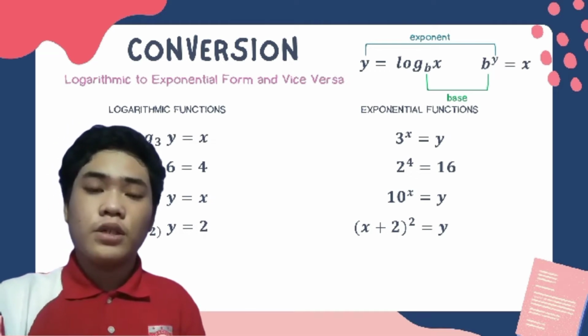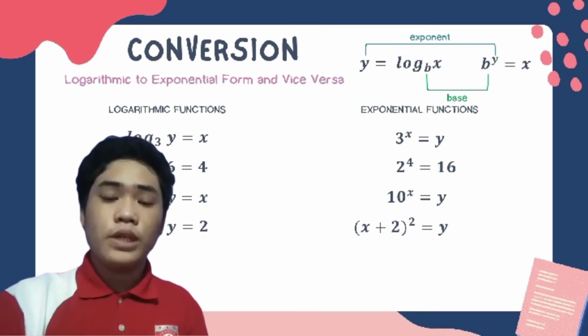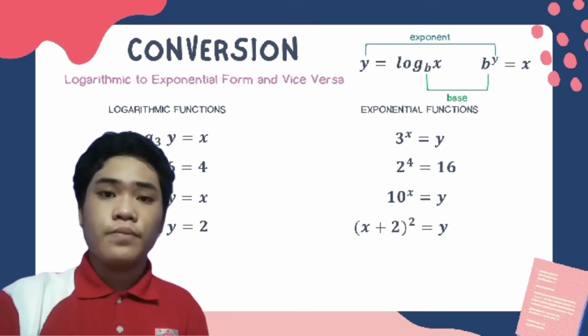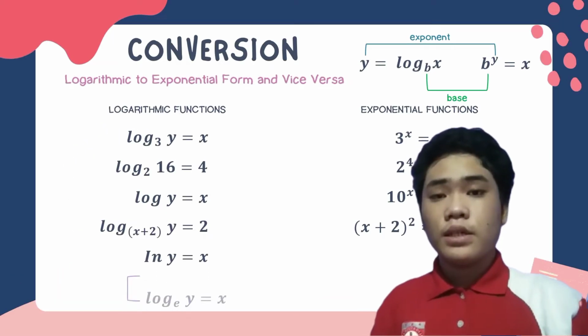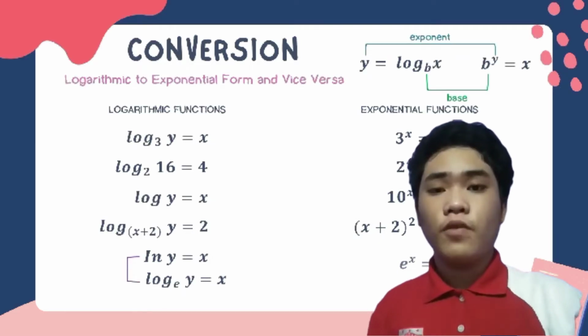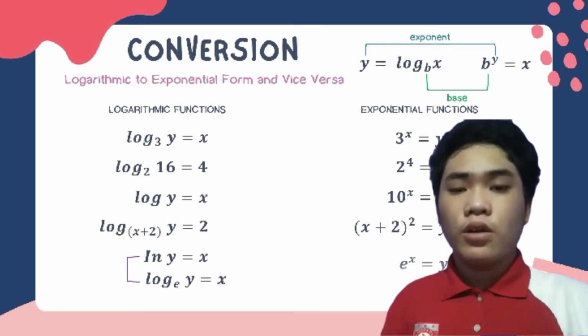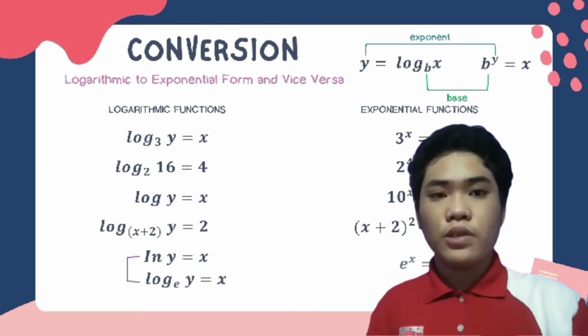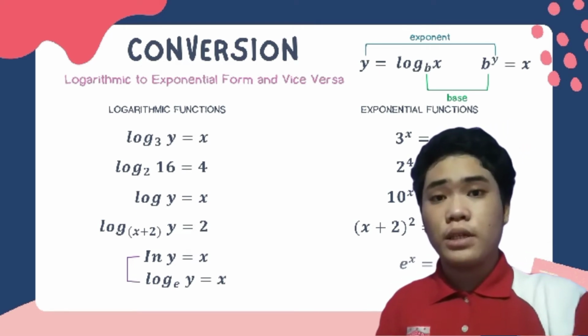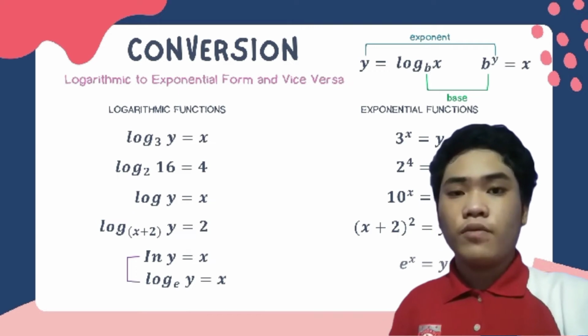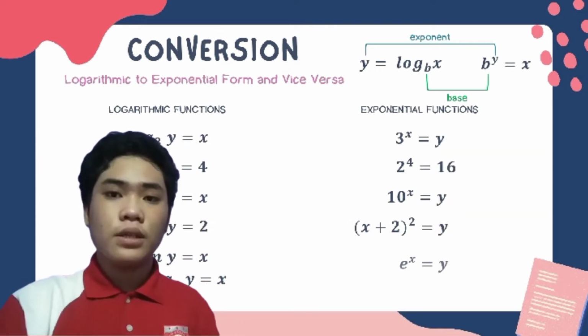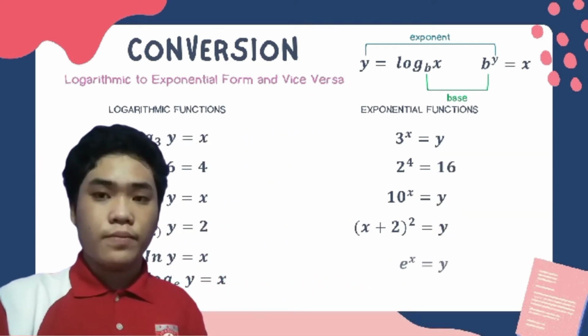You got the exponential form: x plus 2 raised to 2 equals y. Next, we got natural log of y equals x. It can also be written as log base e of y equals x, and its exponential form is e raised to x equals y.